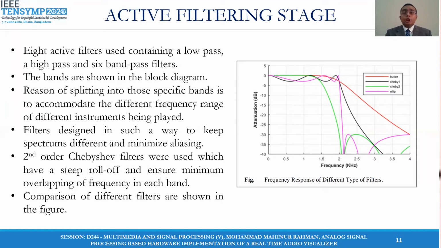We ensured that the roll off is steep, so we used second order Chebyshev filters, and steep roll off was necessary to ensure minimum overlapping of frequency within each band. More on filters we'll discuss in the results and analysis section, where we'll show you the simulation that we have done. Our frequency band was split between 0 and 6000.